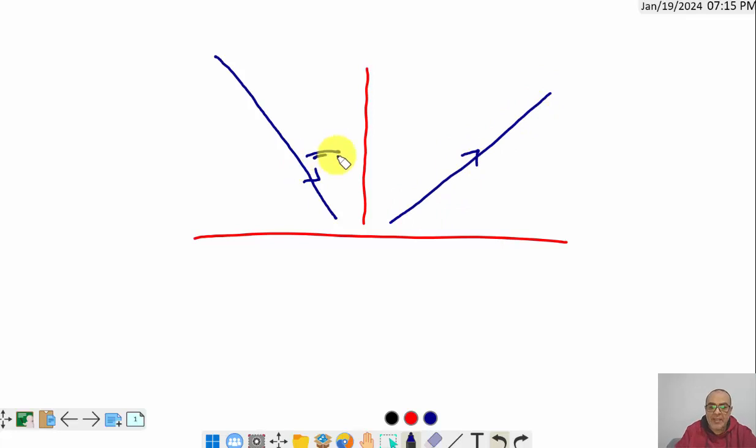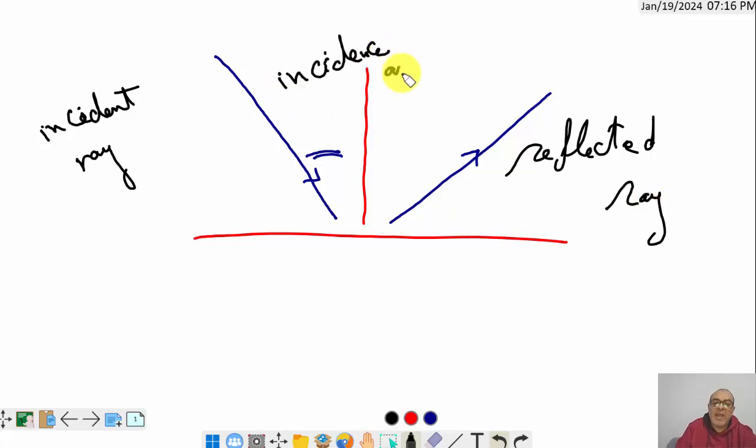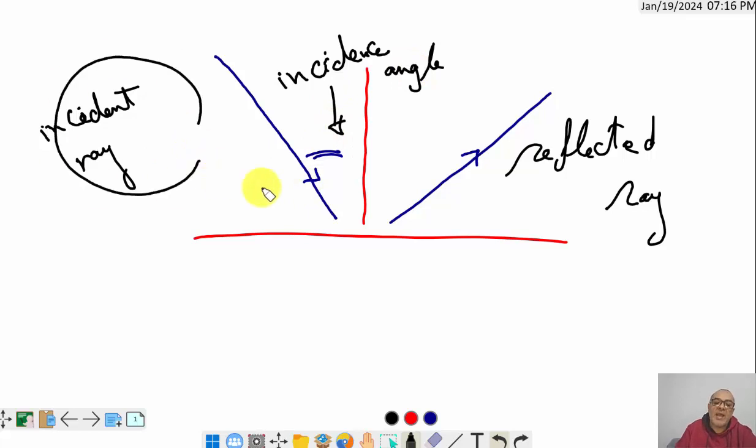This angle is the angle between the incident ray and the normal line, we call it the incidence angle, or angle of incidence.